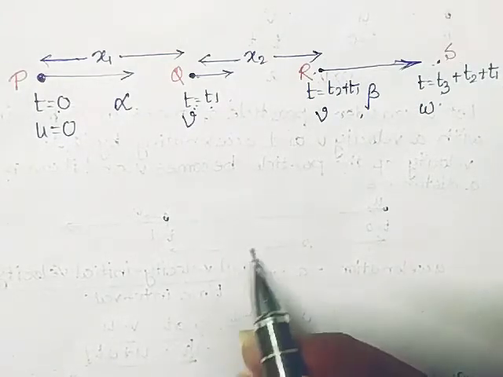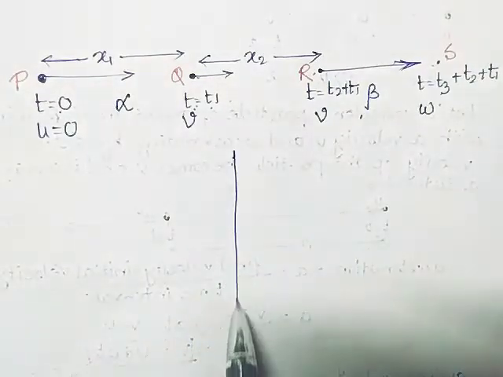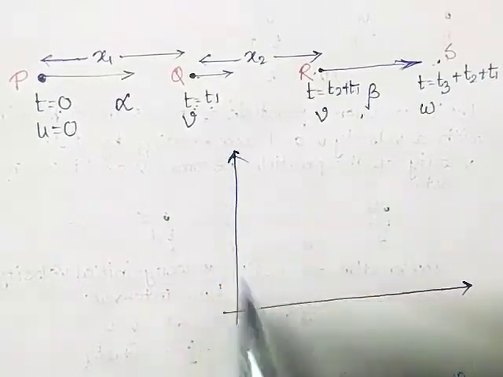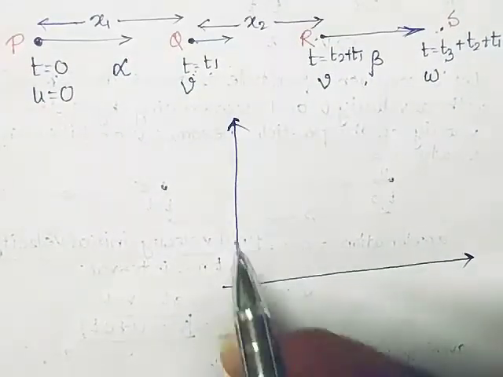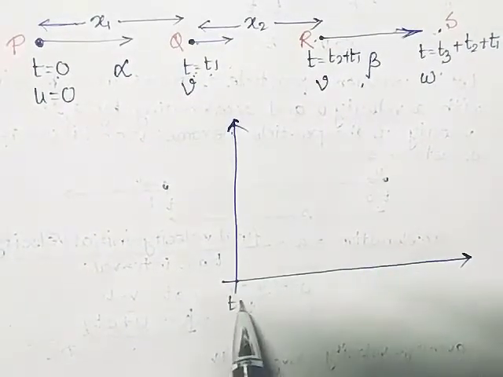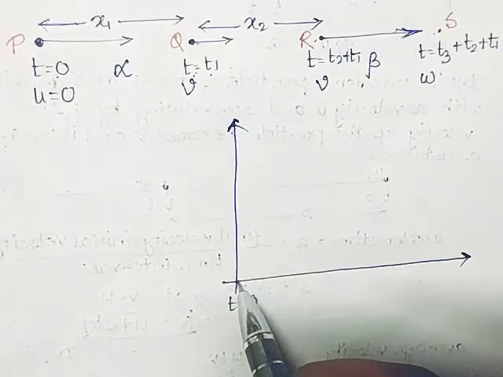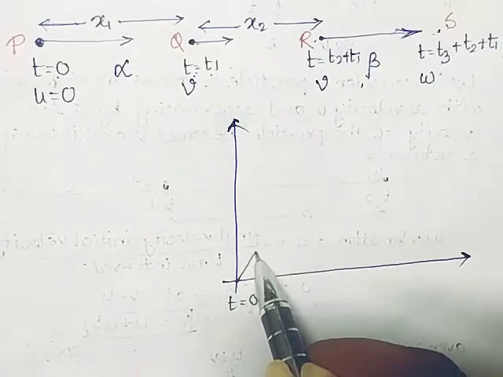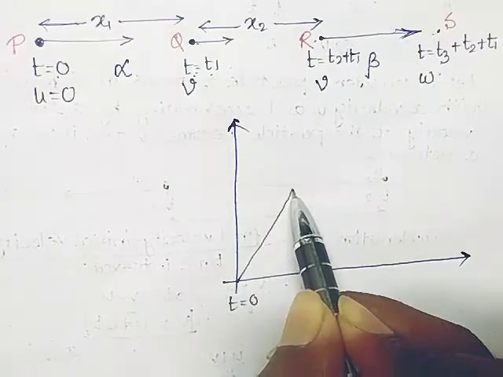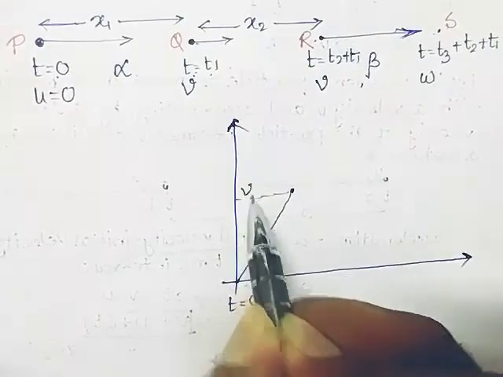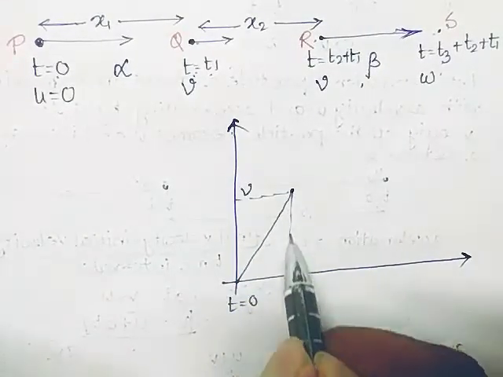So if I want to draw the velocity versus time graph, I think it is very easy for you. When t equal to 0, the particle just starts its journey and then it is accelerated, so its velocity increases and reaches the maximum value, that is v.